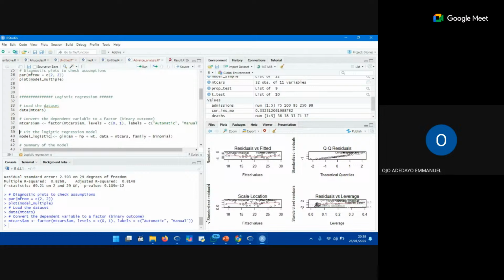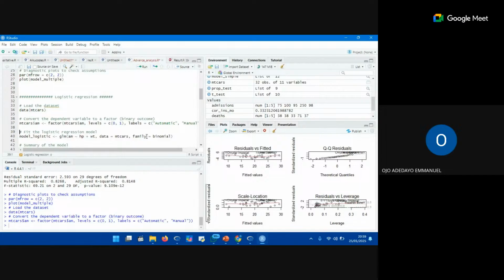So GLM equals, we have the automatic as the outcome, I want to check the horsepower and the weight, and the data is mtcars. Then what is the family? In that family we have different children, so which one do you want to use? It belongs to the family of binomial. Bi means two.